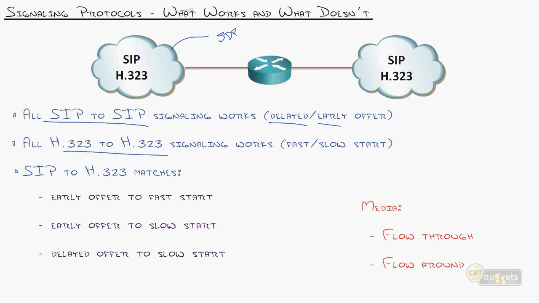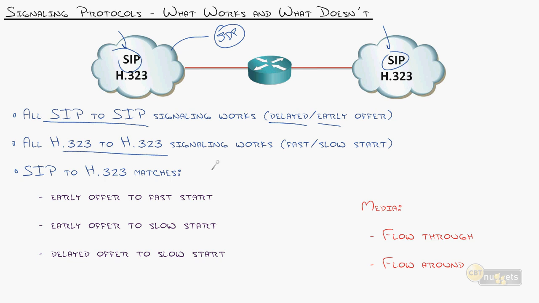Whereas the early offer sends the SDP to negotiate the codec and the media for the call, either at the initiation of the call, or during the ringing tone. So both of those are considered early. If you're using SIP on both sides, this side can be delayed start, this side can be early offer. You can do either or, and it works a-okay.